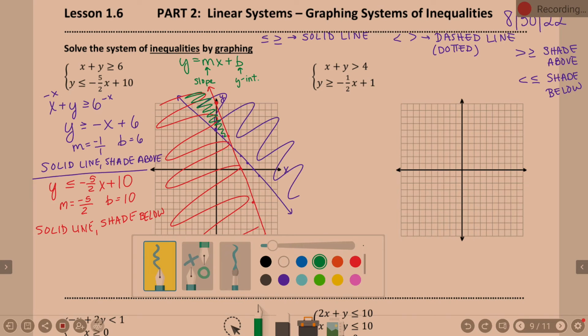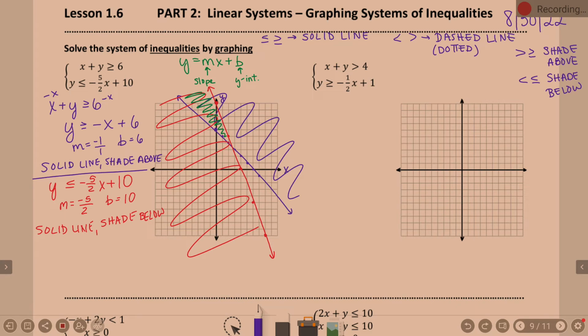X plus Y greater than 4. You guys take me through these more now that we've gone through this. First key: you've got to subtract the X over. You got it? Y greater than negative X plus 4.